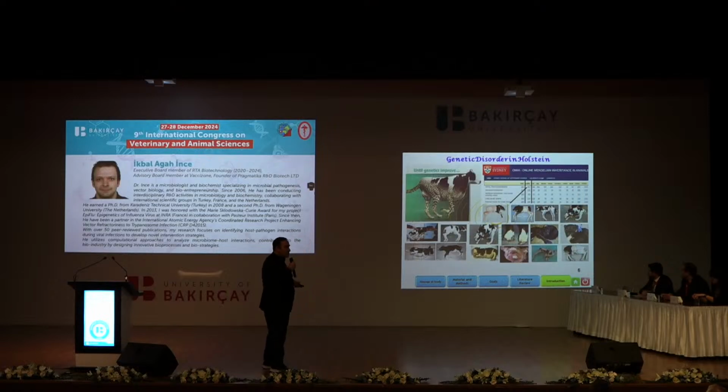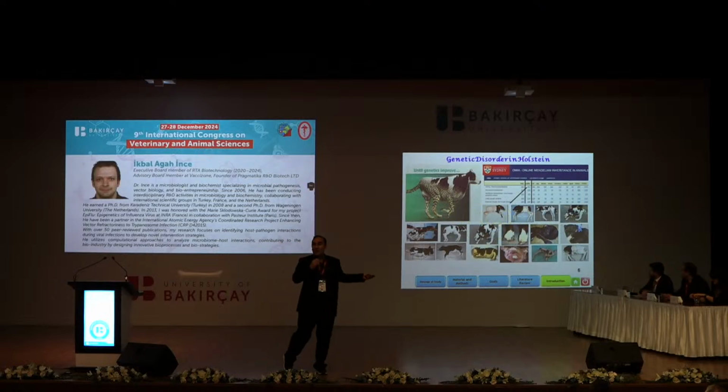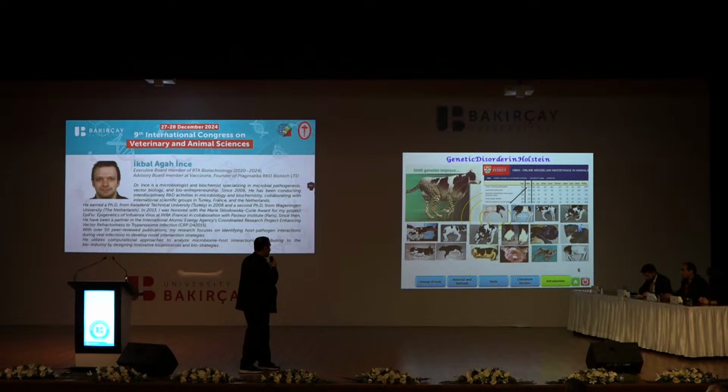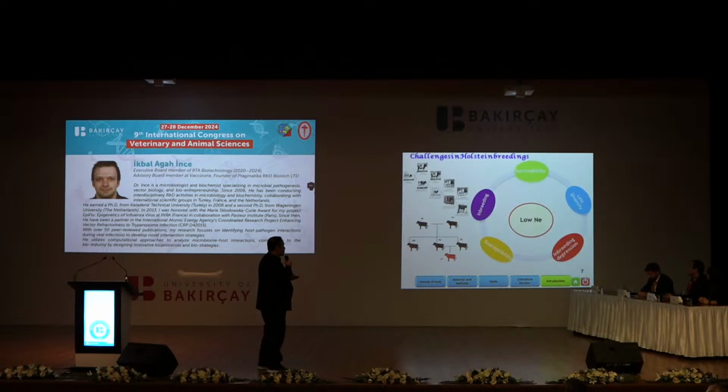If you don't believe my talk, you can see the slides. This slide belongs to the offspring of the most used cattle, and you can see that most of these high-production cattle carry the heterozygote genotype for diseases and disorders. And we will try to solve it.